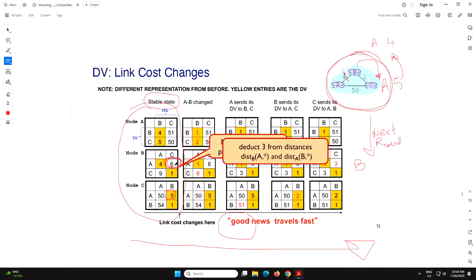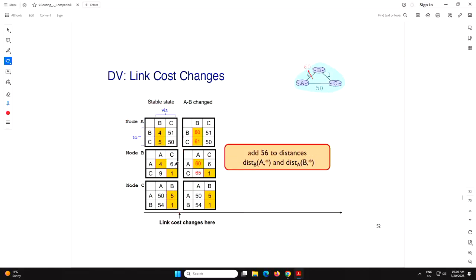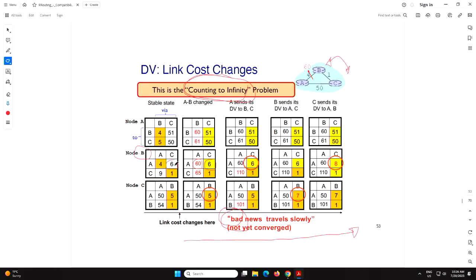However, in the next one, if this cost is 60, then B will make use of that. So B makes use of that, and the cost is 6.